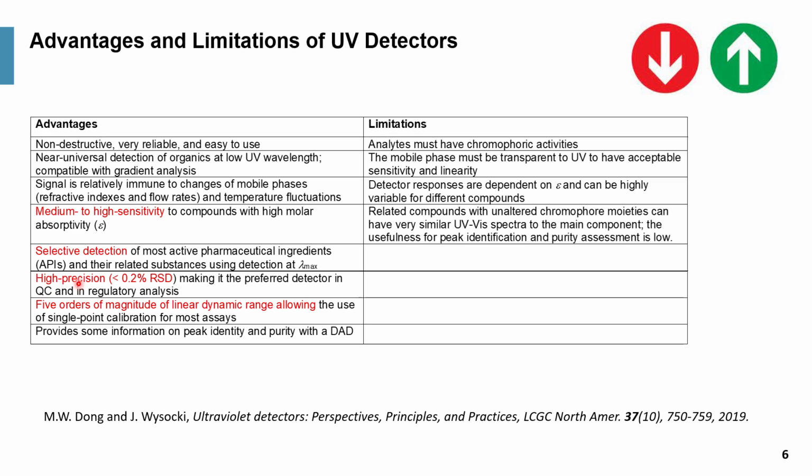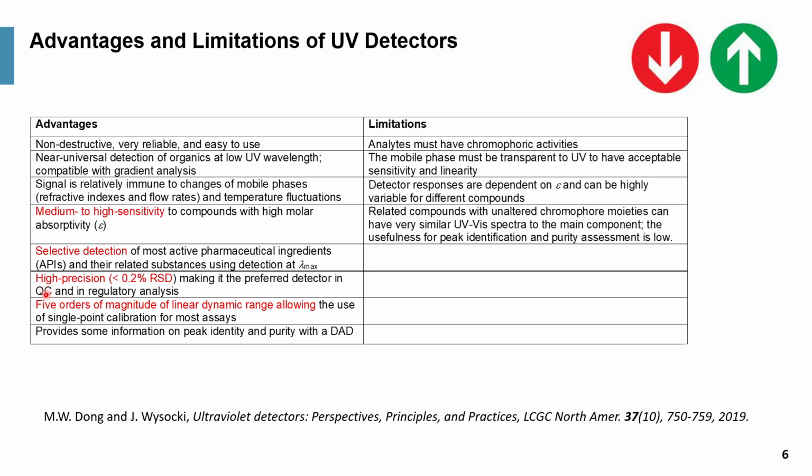So most of the time, we would select a wavelength, which is the lambda max of the highest absorbance of the active pharmaceutical ingredient, API. In this way, we can measure the API plus all the related substances, because in most cases the chromophores are not broken with degradation products.